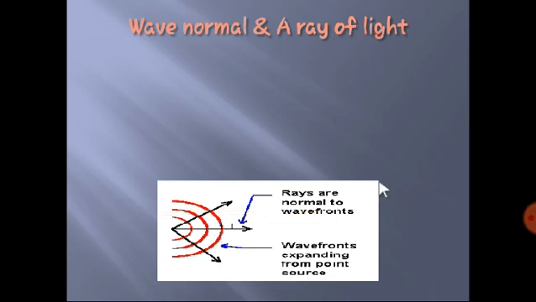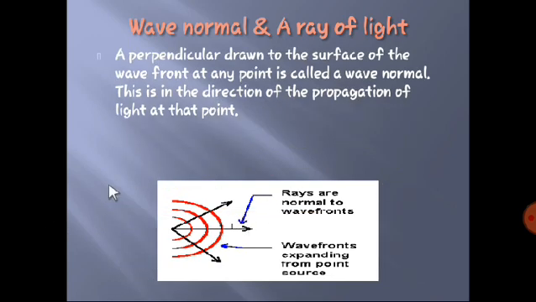See, the perpendicular drawn to the surface of the wavefront at any point is called the wave normal. When we draw a perpendicular to the surface of the wavefront at any point, it gives you the wave normal, and this is nothing but the direction of propagation of light waves.